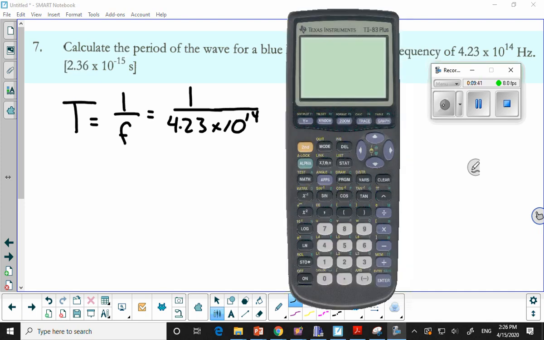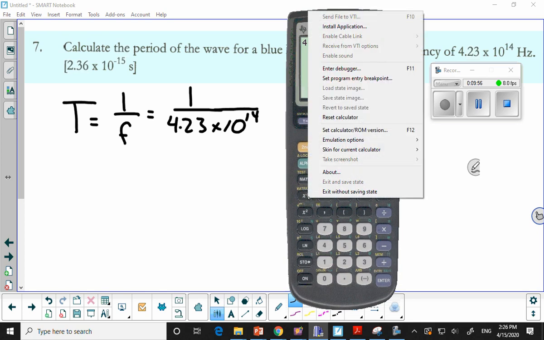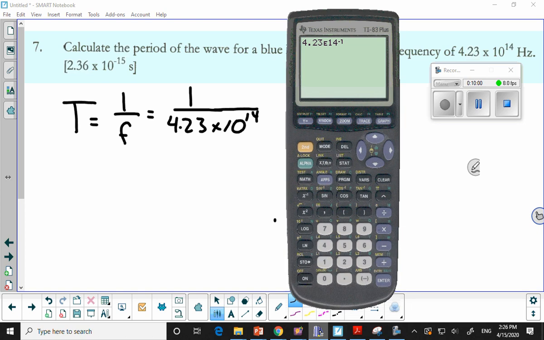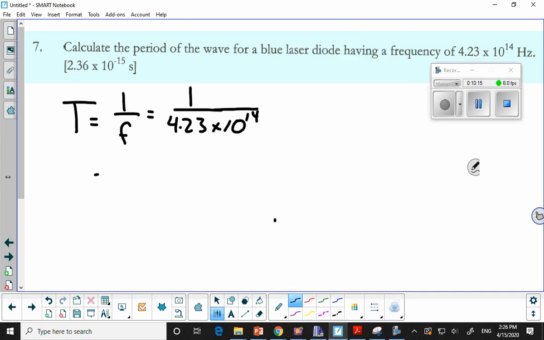So we're going to put in that number, 4.23, second exponent, 14, and we're just going to hit our inverse key. That's this one right here. Sorry, folks. Hit the inverse key, and we'll enter. We get 2.36 times 10 to the minus 15 seconds.